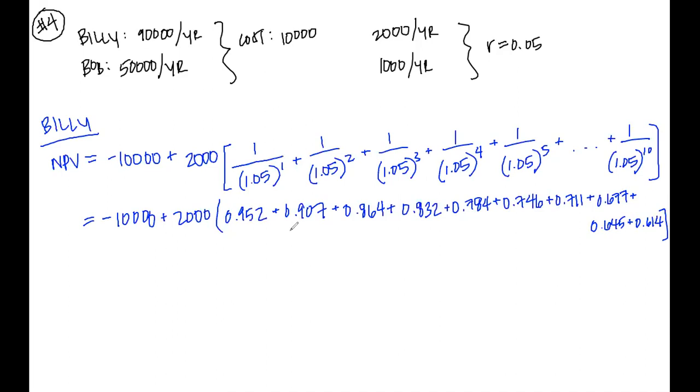And that is all 10 of them. And then we can add each of those decimals together, and I get a value of 7.723.